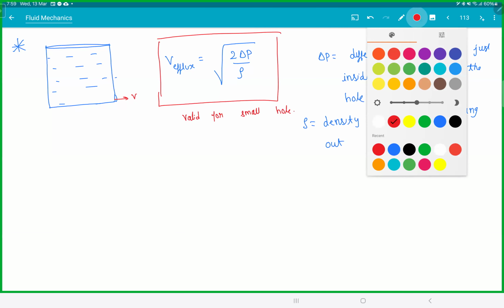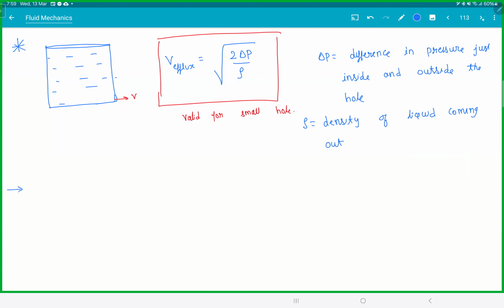Getting it? Now see, you get pretty nice cases. If you take the problem we just derived, Bernoulli's theorem, at the end of the day, is interested in the pressure. So if you take height h and density rho, what is the pressure difference? P naught plus rho gh, since it's a small hole you can do this, minus P naught.